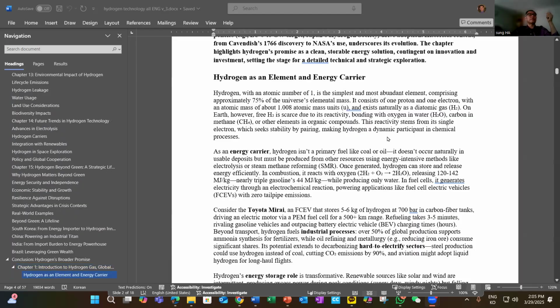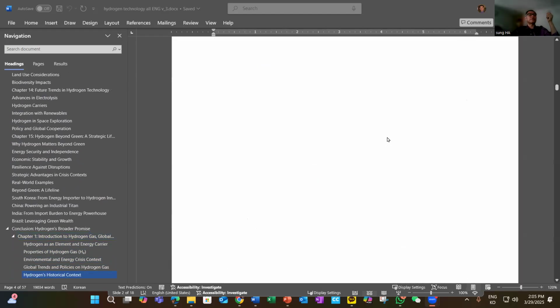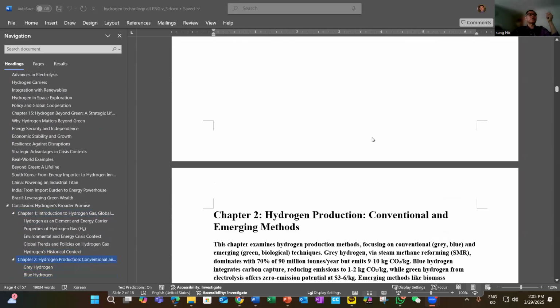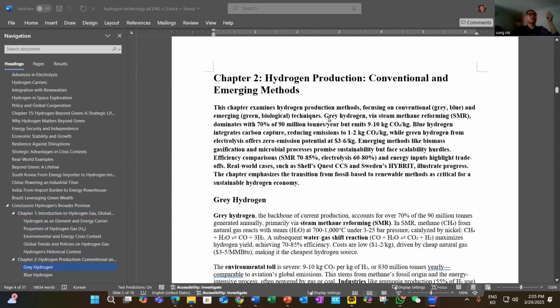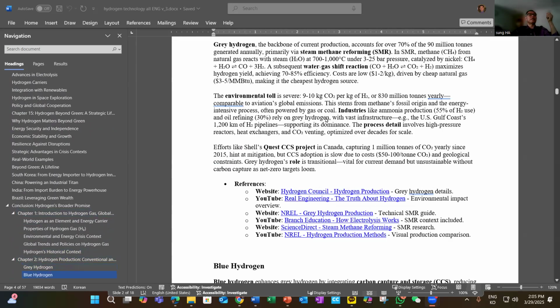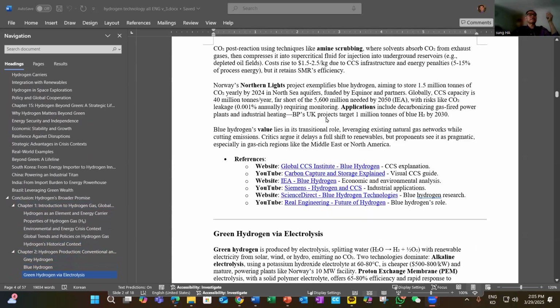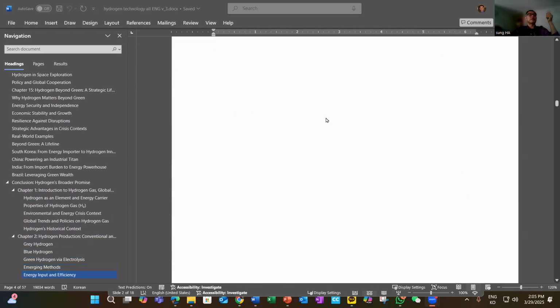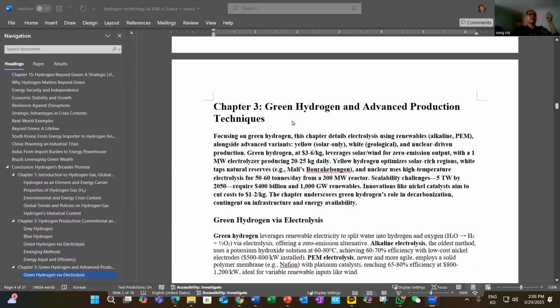So, chapter 3. Again, chapter 2 is the review of hydrogen production with the different colors. Here, chapter 3, green hydrogen.